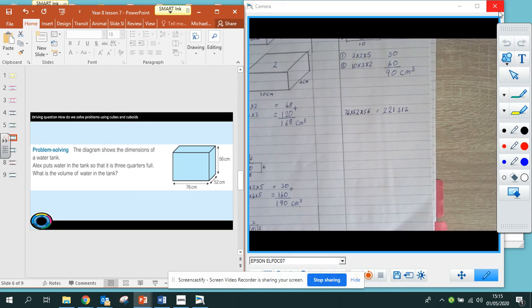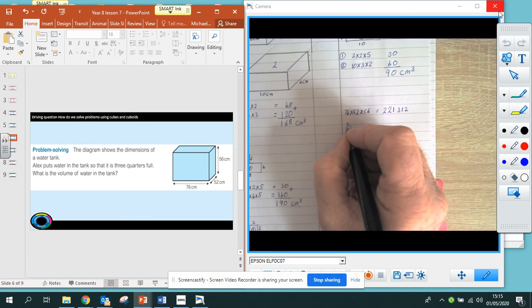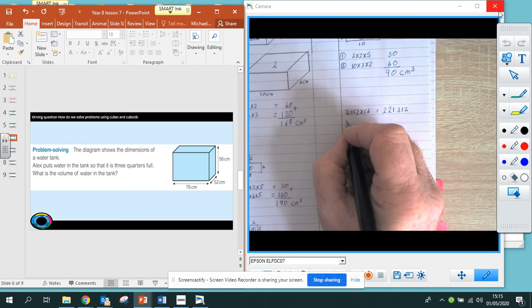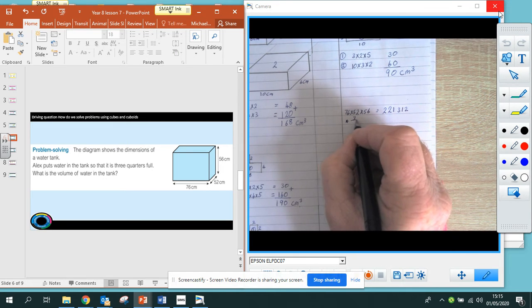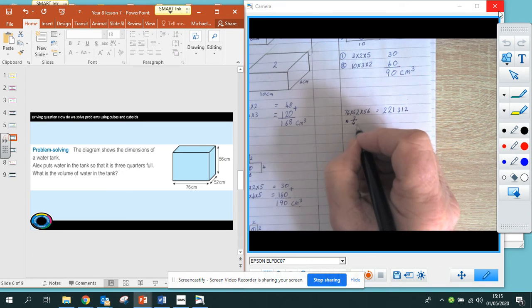Now, how do I find 3/4 of a number? Well, in this case, I'm going to need a calculator, because what I'm going to do is multiply this number by 3 and divide by 4. So the 3 is the numerator, the top number of the fraction. The 4 is the denominator.